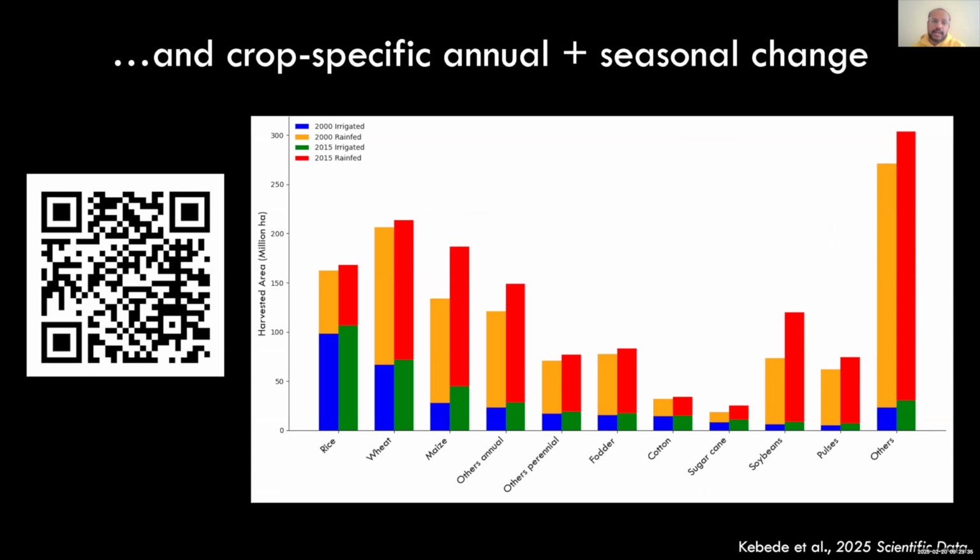Rice is the dominant irrigated crop, and it remains dominant from the year 2000 to 2015, followed by wheat and maize. And maize showed the highest irrigated area percentage change, around 24%, compared to other crops.